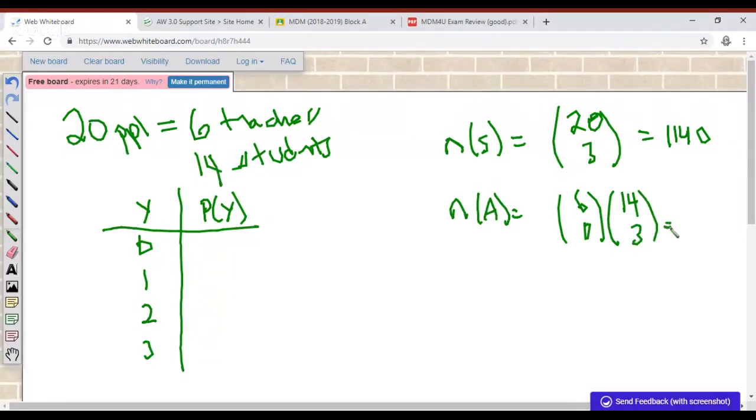So 14 choose 3 is 364. So the probability of 0 teachers is 364 over 1140, and you would just do the rest of the question similarly. And then expected value, you would just be taking this times this, and then adding all those things together.